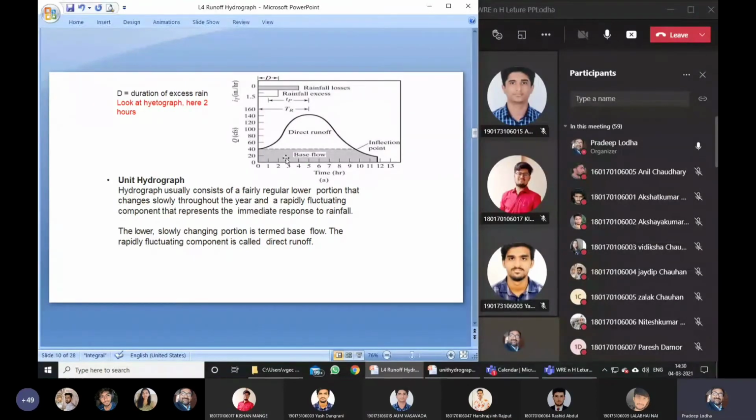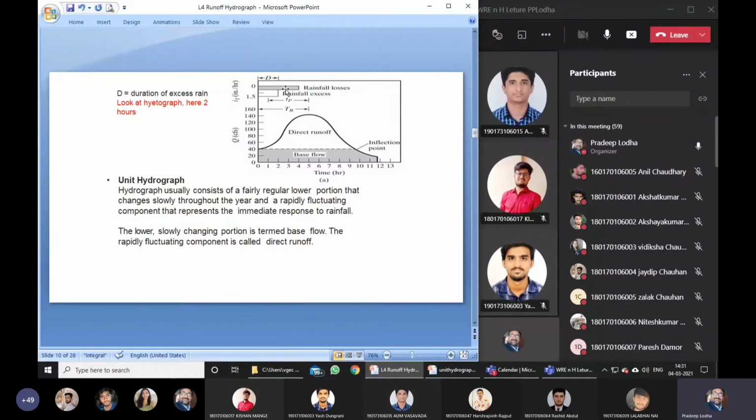Now if you divide this chart into two parts, this is the contribution of the rainfall. Rainfall is drawn here, the hyetograph is drawn here. That is intensity from 0 to 1.5 and 0.51. The rainfall axis is this.